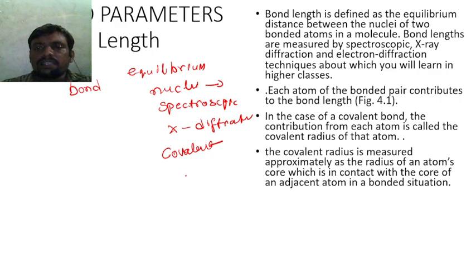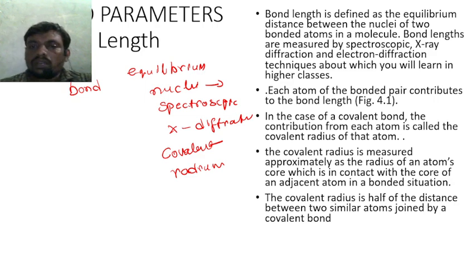The covalent radius is measured approximately as the radius of an atom's core which is in contact with the core of the adjacent atom in the bonded situation. The covalent radius is half of the distance between two similar atoms joined by a covalent bond.